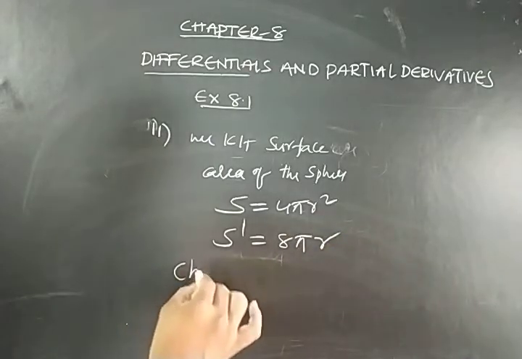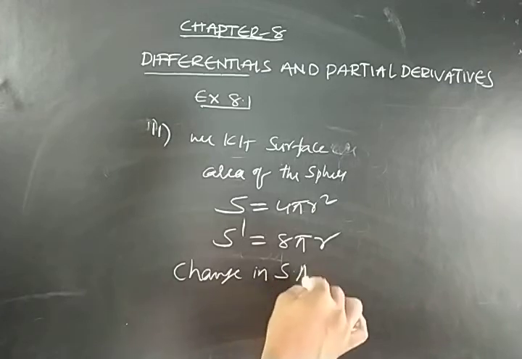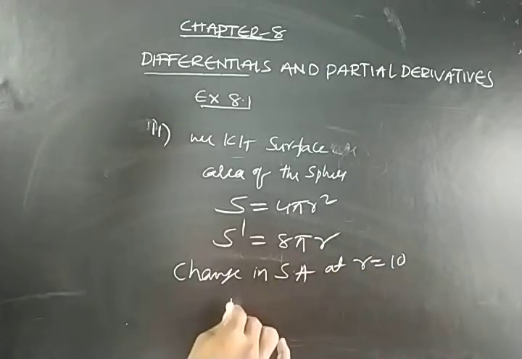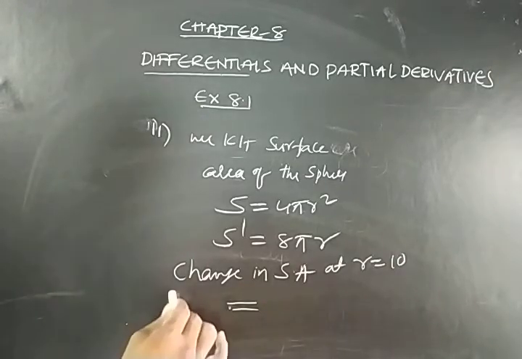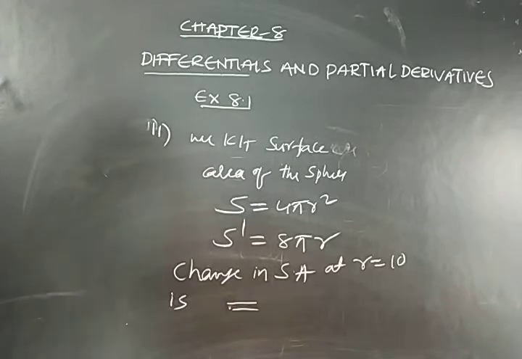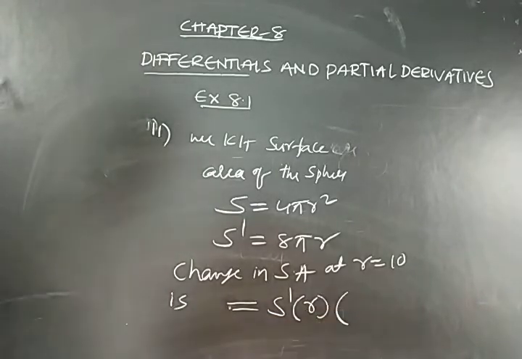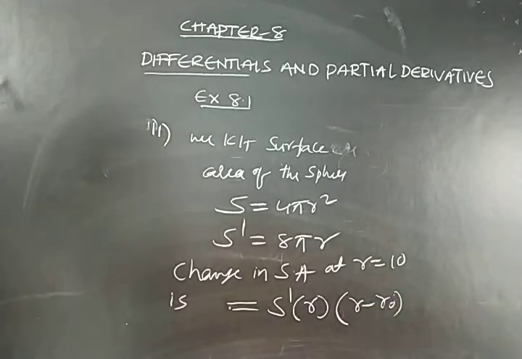Now the change in surface area, at r equal to 10, is equal to S dash of r naught times (r minus r naught).